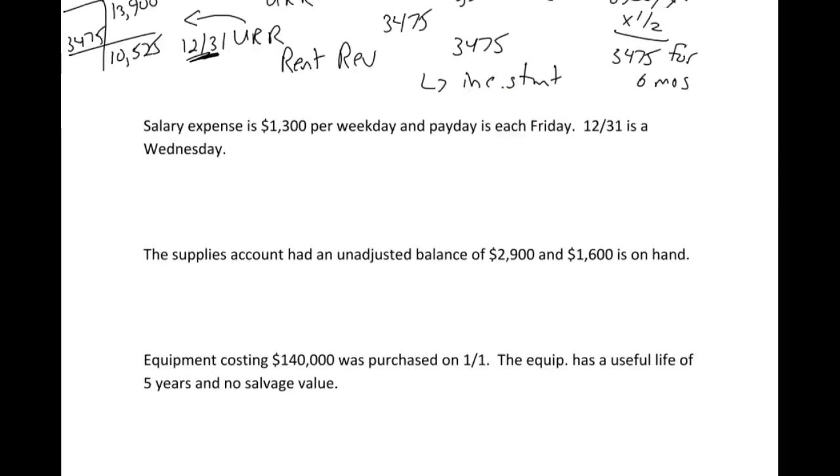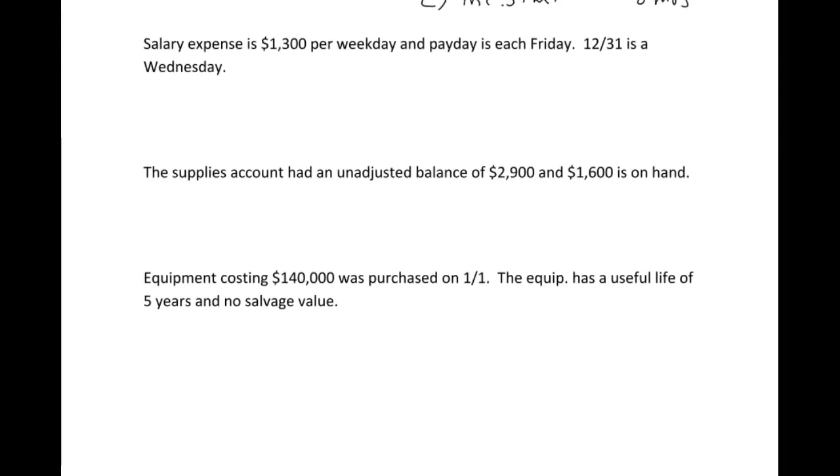All right, so a few more. All right, so this one, salary expense is $1,300 per weekday, and payday is each Friday. Okay, so they get paid $1,300 a day, and we pay them on Friday. So 12/31, the end of the period, is a Wednesday. Okay, so what that means is Monday, Tuesday, and Wednesday is part of 2018.